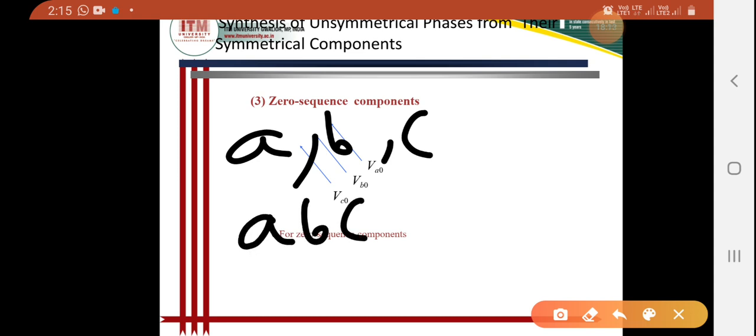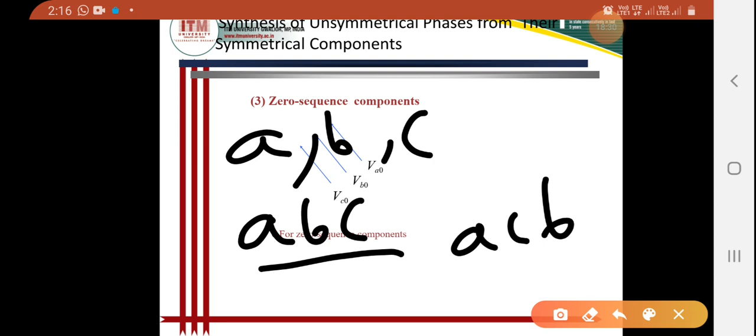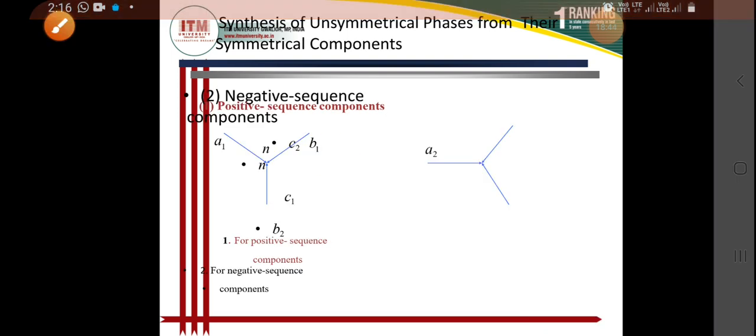So the phase sequence of the positive sequence components of the unbalanced phasors is ABC as per our previous discussion, and the phase sequence of the negative sequence will be A, C, B. If the original phasors are voltages, then that can be designed as VA.